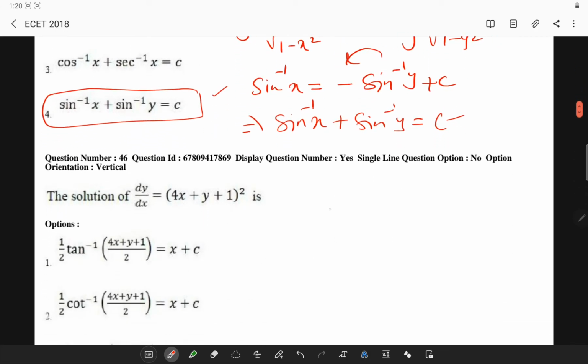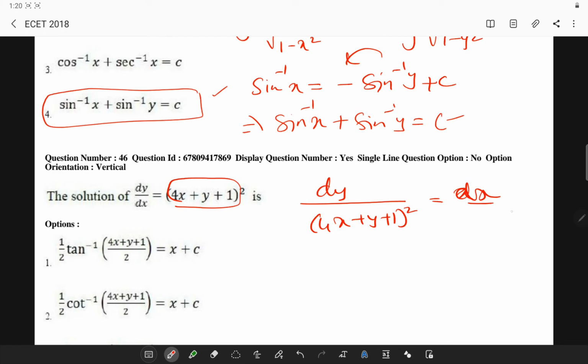Now this question is also of a similar form. I will just move it into (4x + y + 1)² = dy/dx. If you observe the question, let 4x + y + 1 = v.